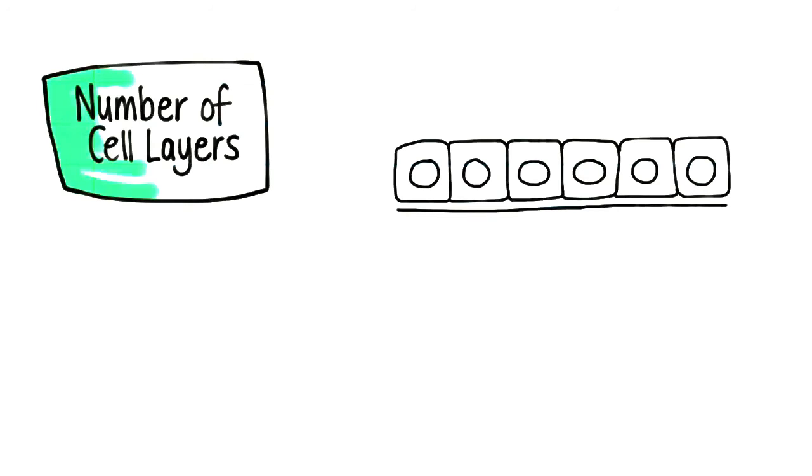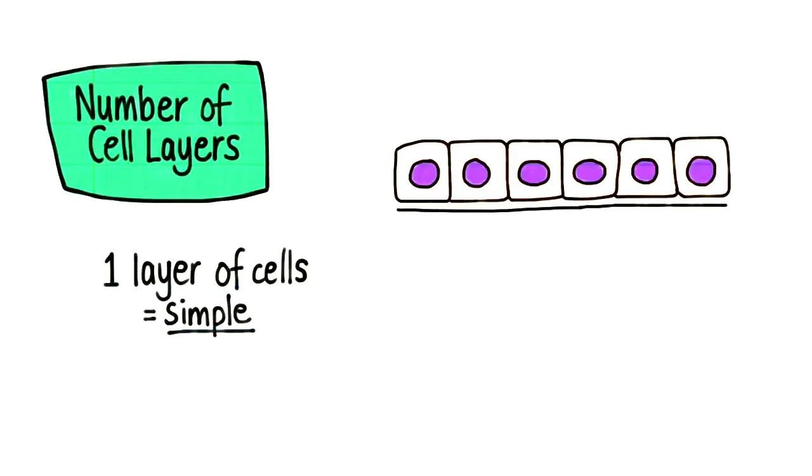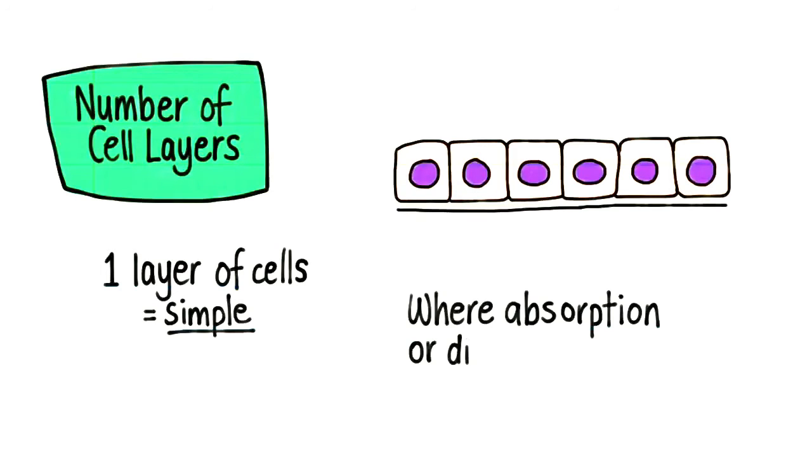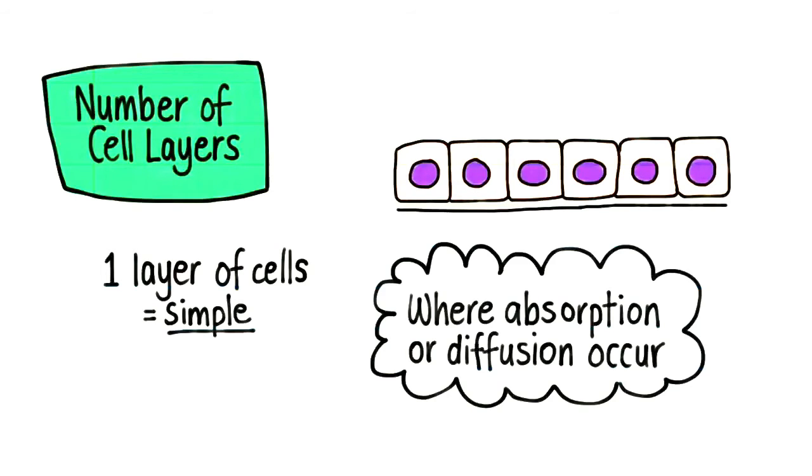Let's look at the number of cell layers first. If only one layer of cells is present, we call the epithelium simple. Simple epithelium is found where rapid absorption or diffusion occurs, because material can pass really quickly through just one layer of cells.